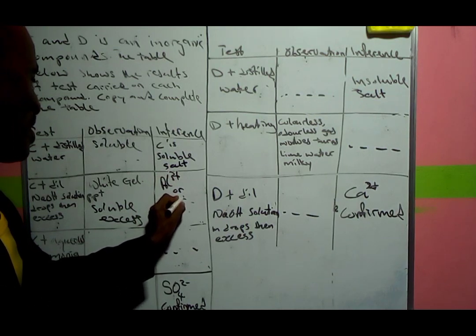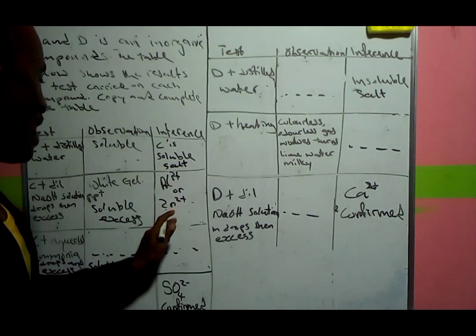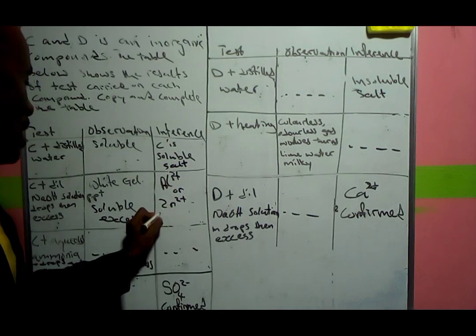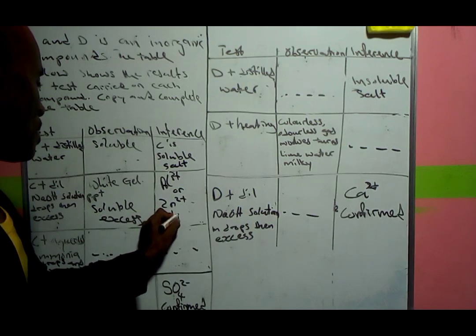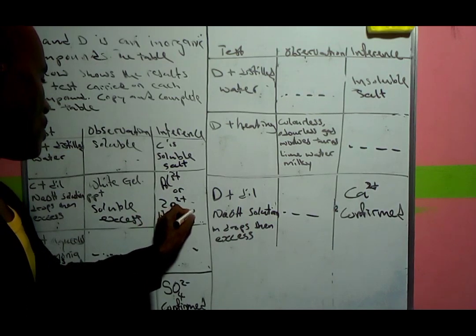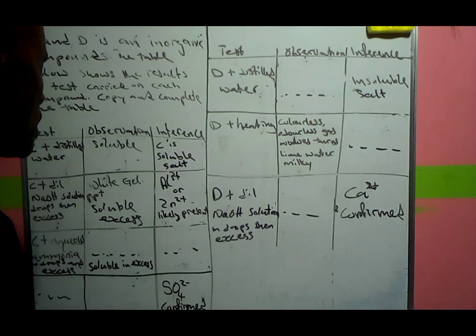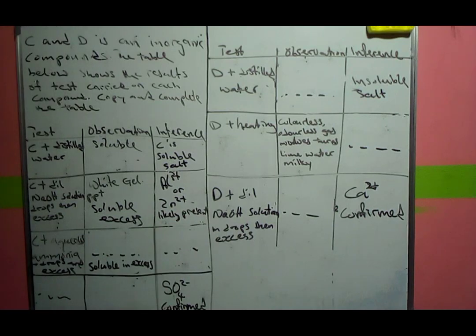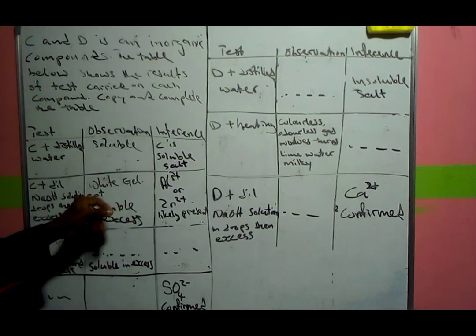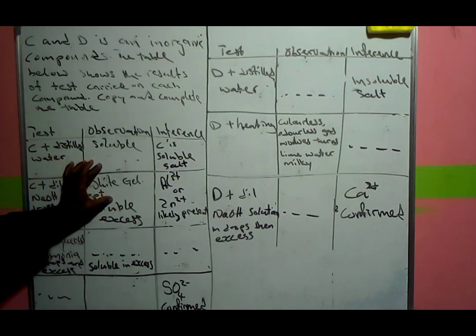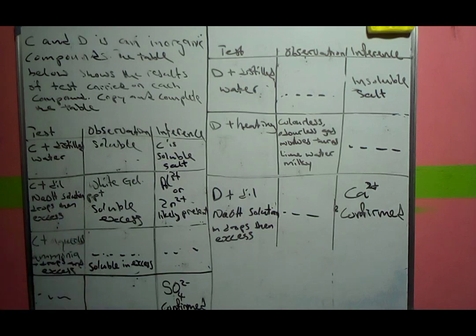Aluminum ion and zinc ion likely present, because these two amphoteric ions are what can give us a white gelatinous precipitate and soluble in excess sodium hydroxide.